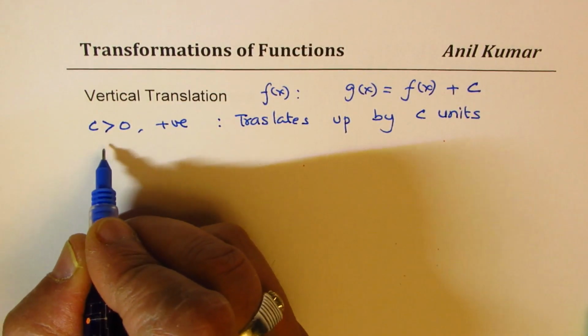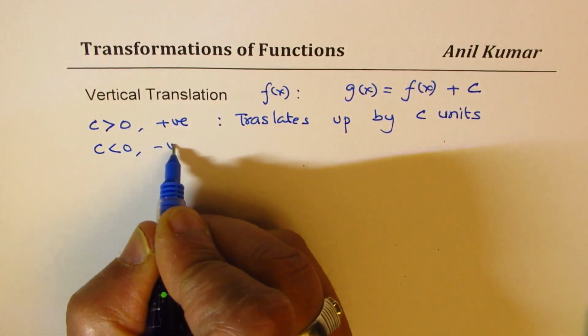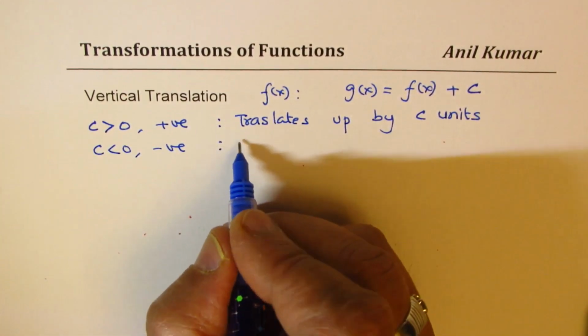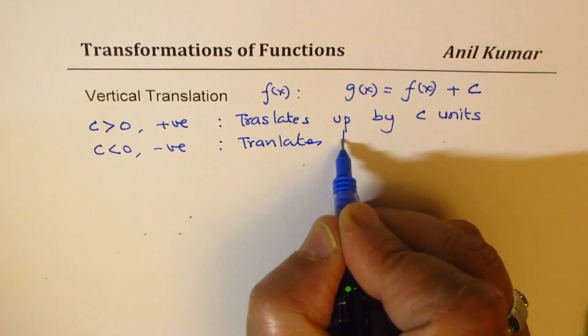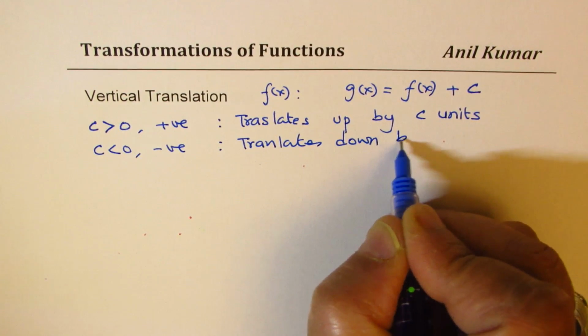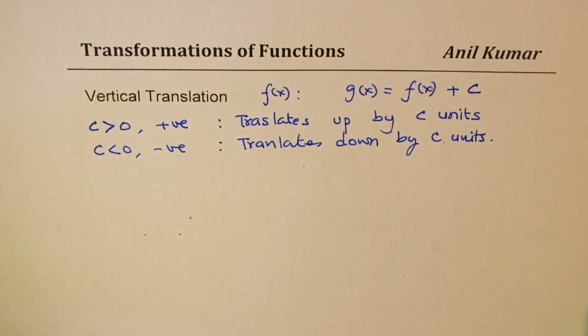If c is negative, if c is less than 0, then it will translate down by c units, right?